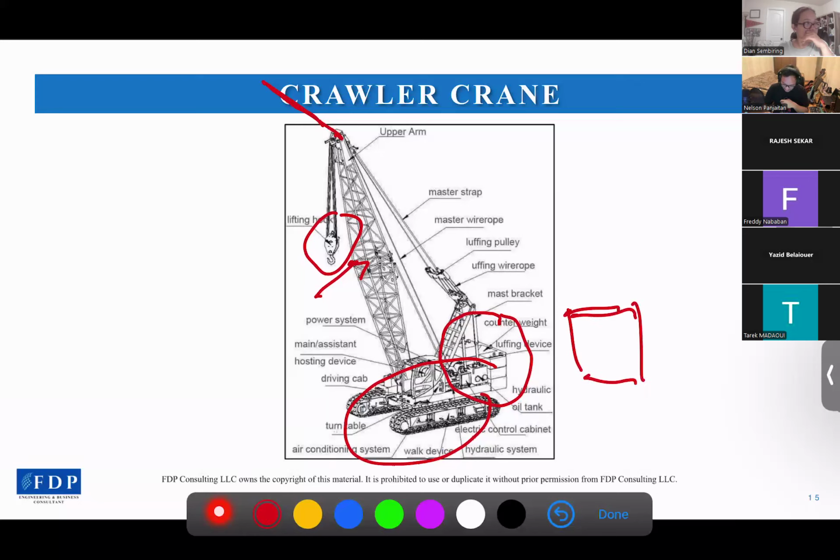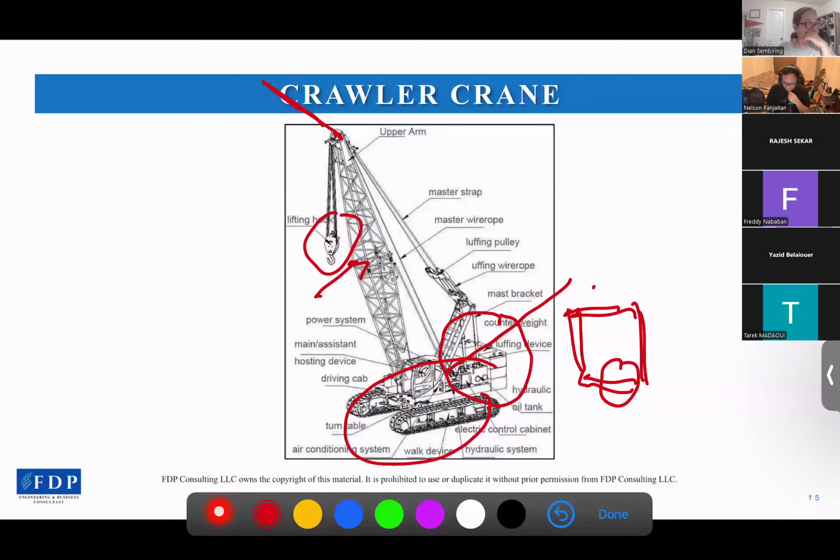That's the additional counterweight, and usually there is an additional mast to connect the two. Sometimes it's a lifted counterweight, sometimes there is a tire on the wagon here.